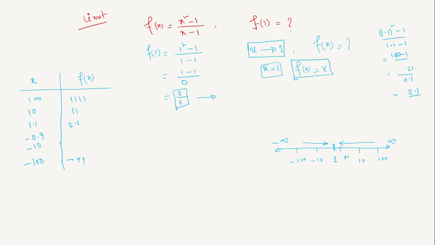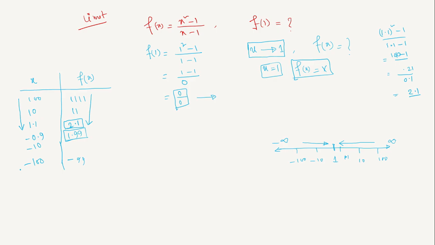And similarly, if we approach up to 0.9, it will be 1.99, just like this. So what can we see here? That means if we approach 1 from the right side, the value approaches 2.